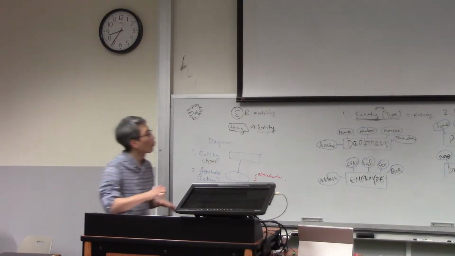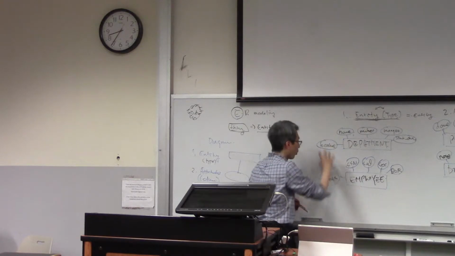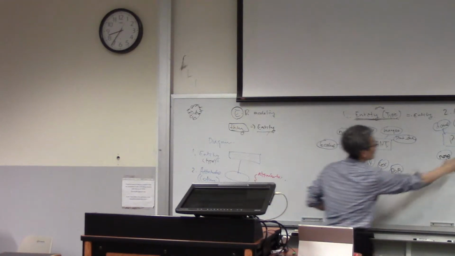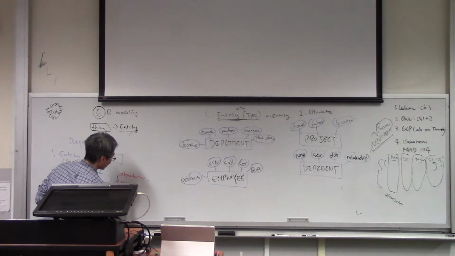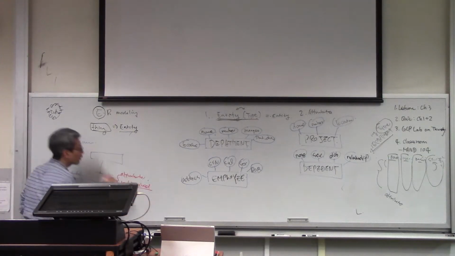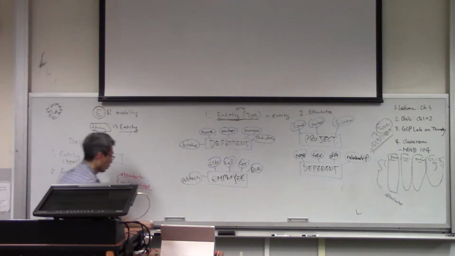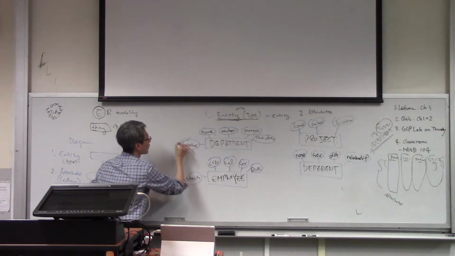But right now, we are going to identify multiple value or single value. Especially the multi-valued attribute, we will use a double oval, like the location.